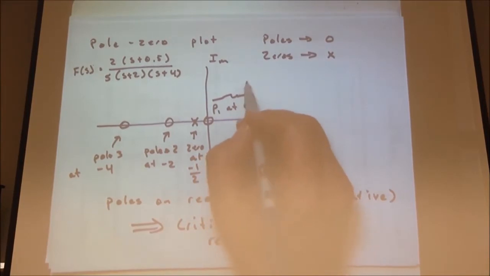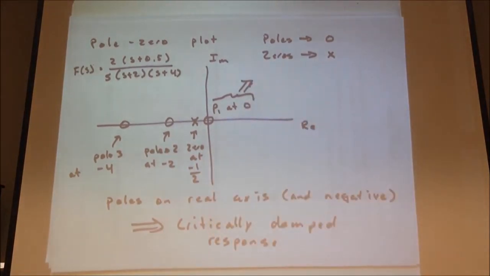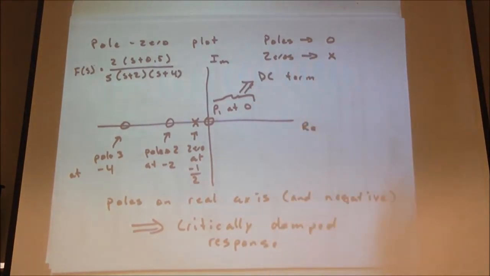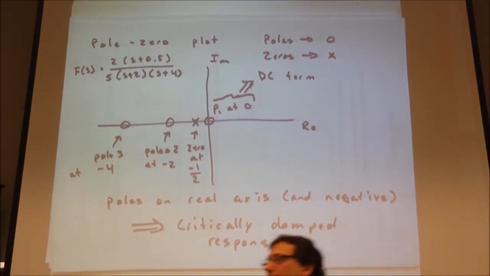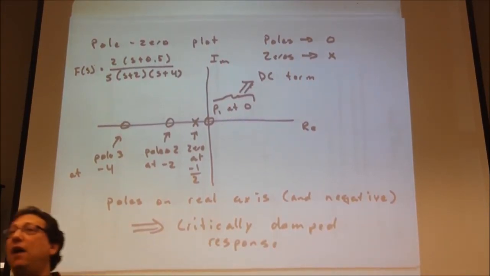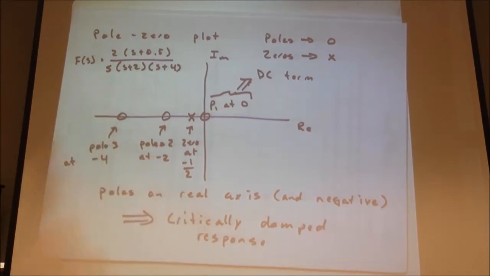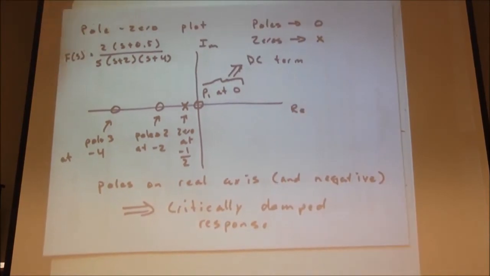That's a DC term. So if we have a pole at 0, there's your DC term. If we find a pole at 0 in our partial fraction expansion, like there was in this problem, there's a DC term. If there's no pole at 0, then there's no DC term. There's no DC state, or it's 0. Our DC steady state would be 0.